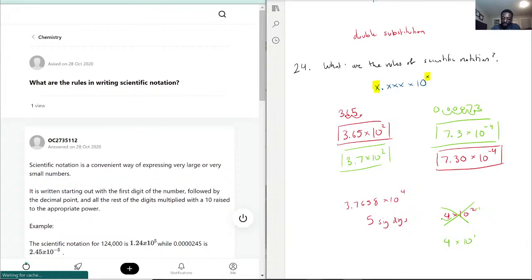Really this number is just 40, but this would be its scientific notation because it only has one number before the decimal point. In fact, to keep it consistent, if we're using 40 and it says 2 significant digits, it'd be 4.0 times 10 to the 1.